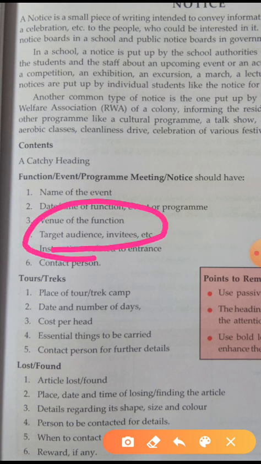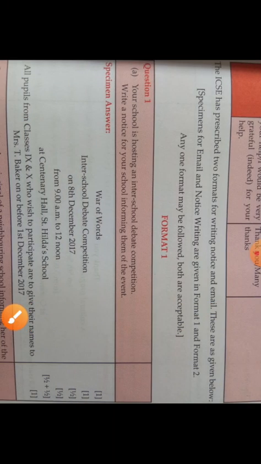Through the notice, to whom do you want to give the information? So who are the target audience? All the pupils, meaning students, from classes 9th and 10th who wish to participate are to give their names. So the target audience are students of classes 9th and 10th.